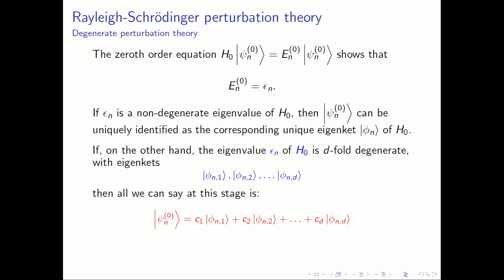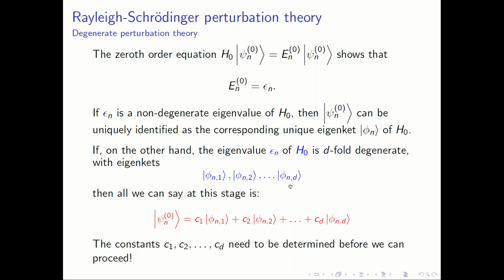So, at this stage the constants C1, C2 up to CD cannot be determined, because from the zeroth order equation H 0 psi n 0 equal to E n 0 psi n 0, you cannot say anything about them, because no matter what C1, C2, CD are, this basic zeroth order equation is still going to be satisfied. So, this is where the basic difference between degenerate and non-degenerate perturbation theory lies.